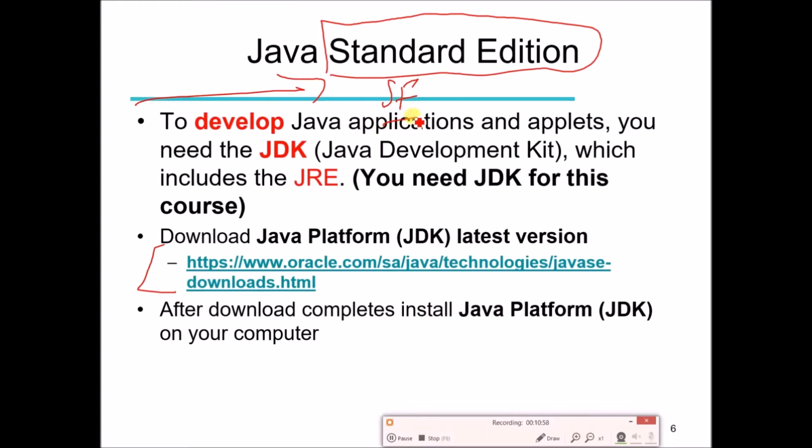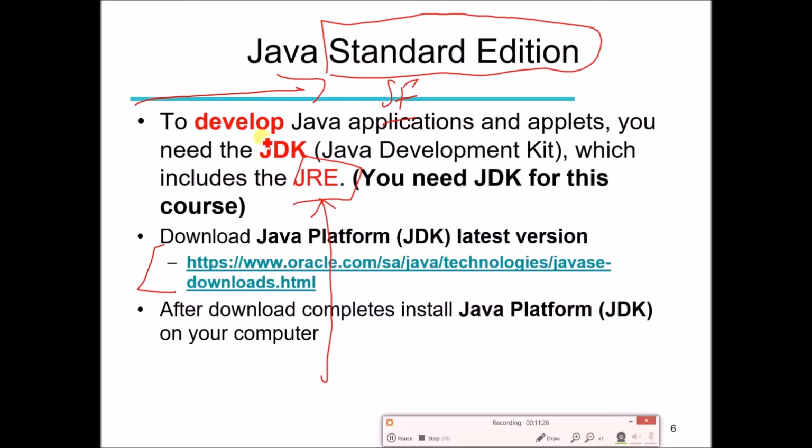When you download the JDK, you will also find that it contains the JRE, Java Runtime Environment. This Java Runtime Environment is required to run a Java program. People who are not developing or writing Java programs, but want to run them, can use only the JRE, which is smaller in size.